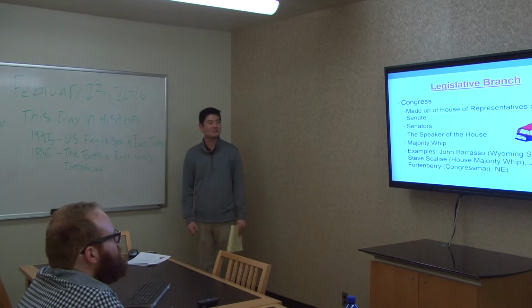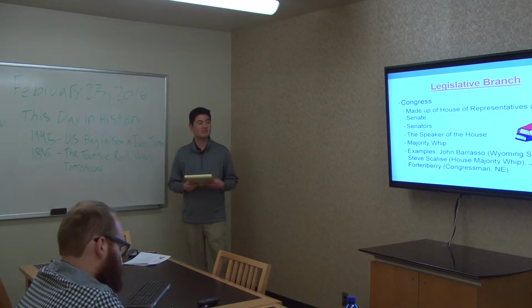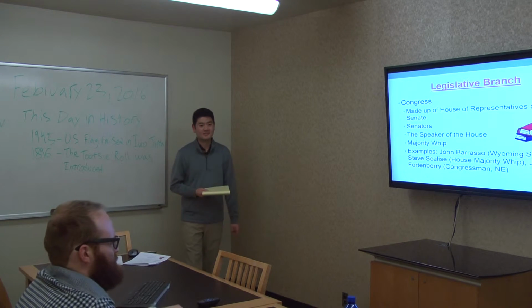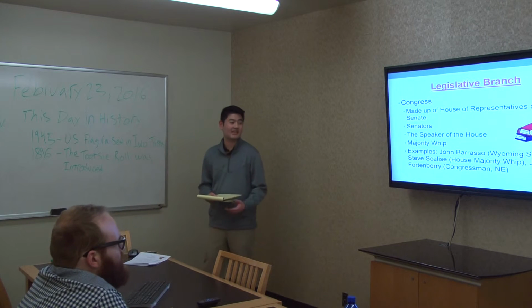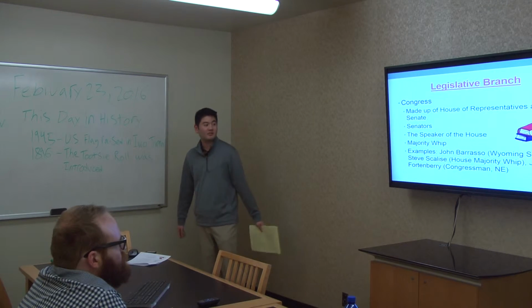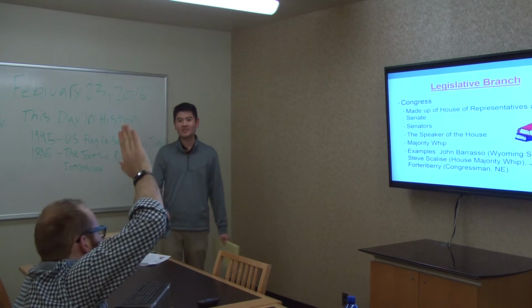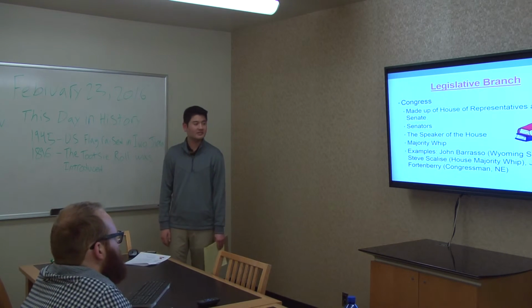Some real world examples of people in the legislative branch include John Barrasso, who is a Wyoming senator, Steve Scalise, who is the House Majority Whip right now, and Jeff Fortenberry, who is a congressman from my home state of Nebraska. Yeah, question? What's a majority whip?